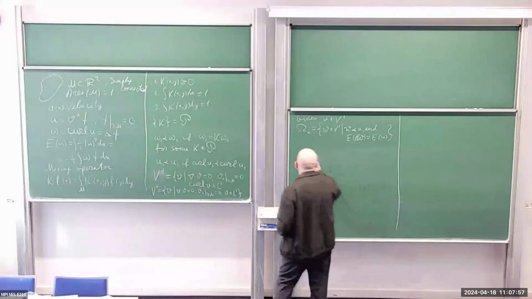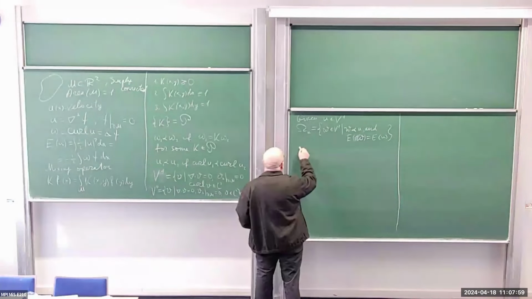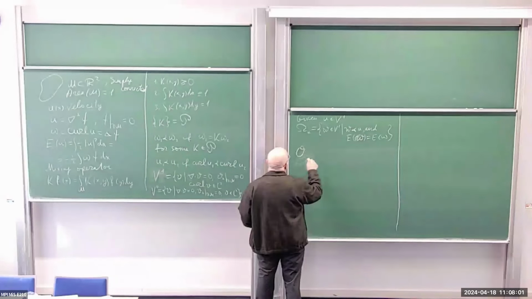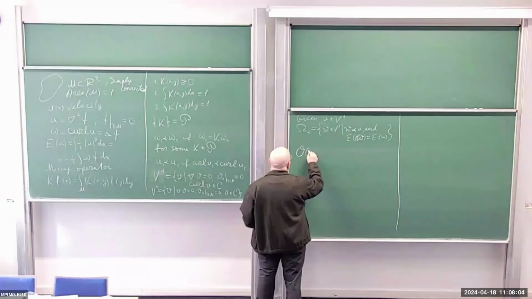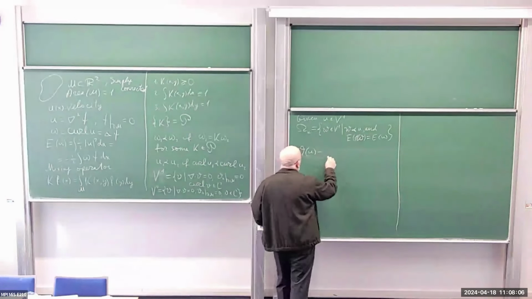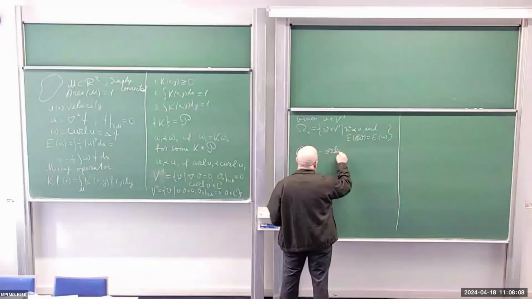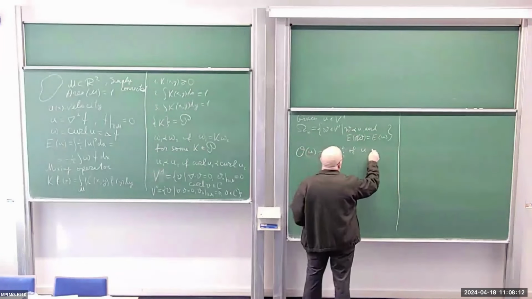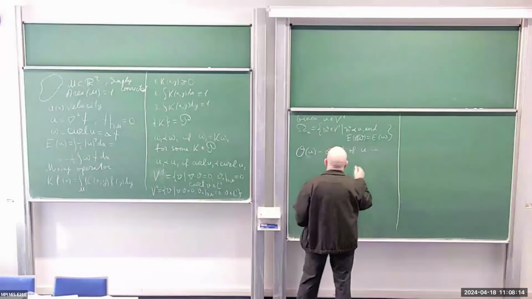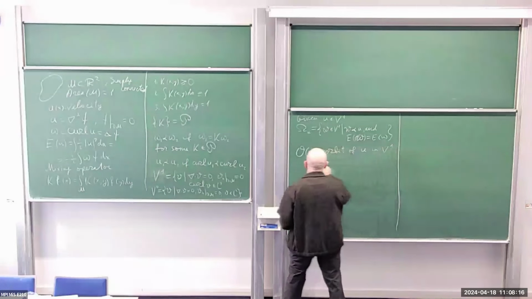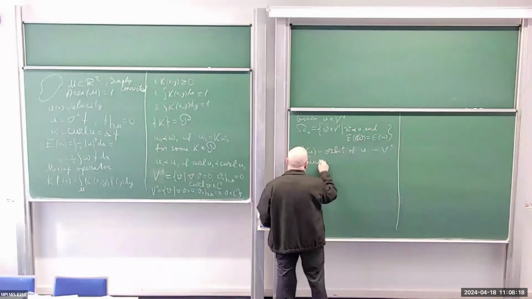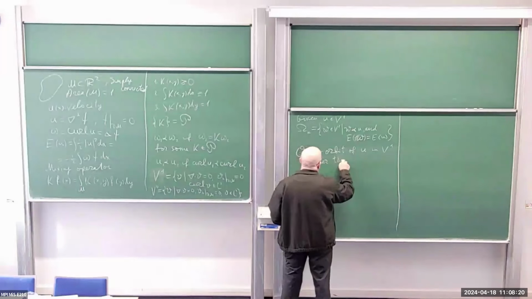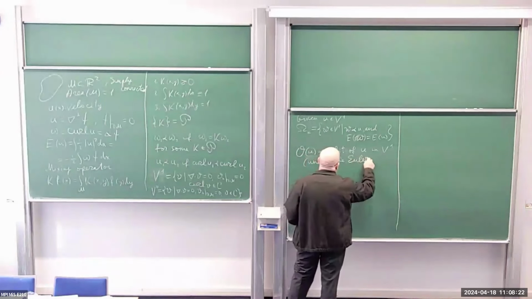So let me write omega of U, the orbit of U in V1 under the Euler equation.